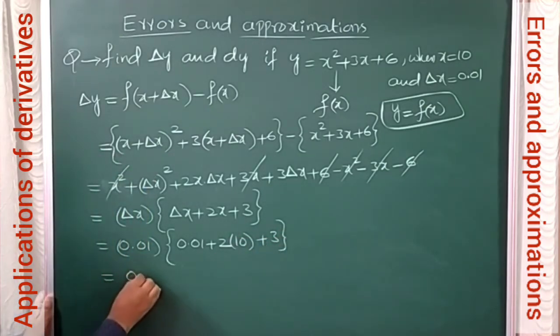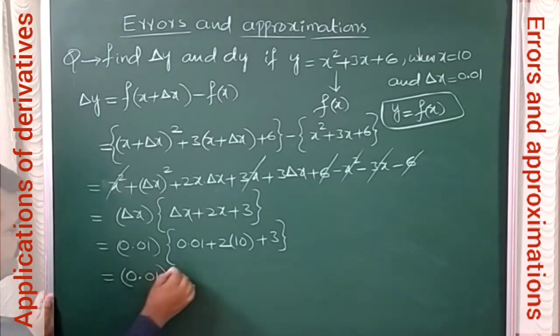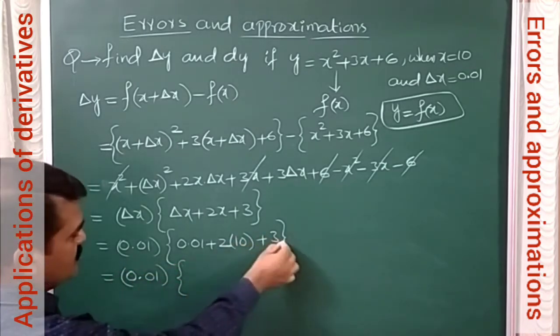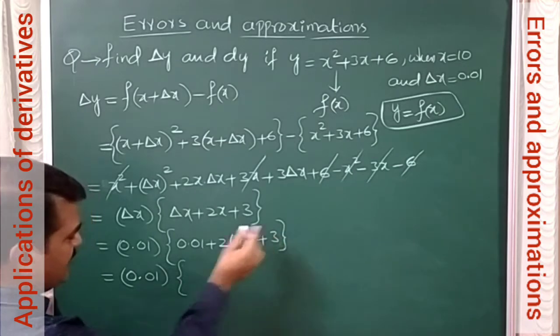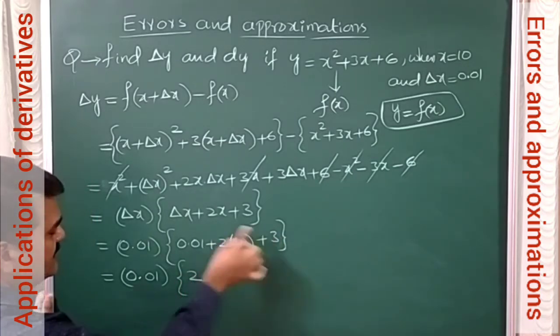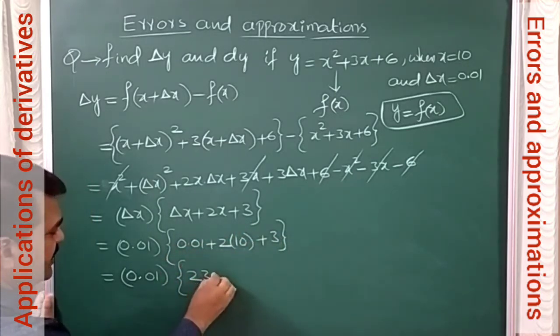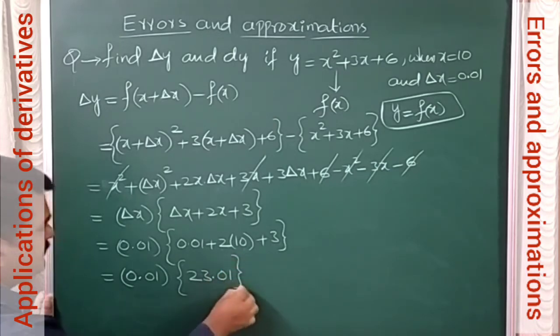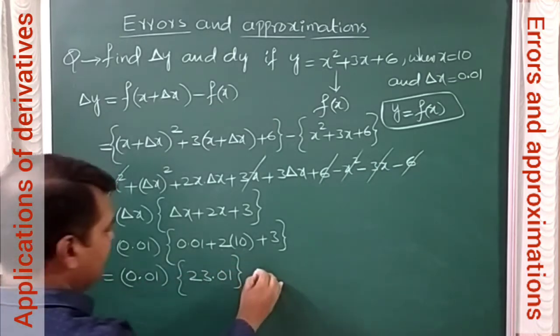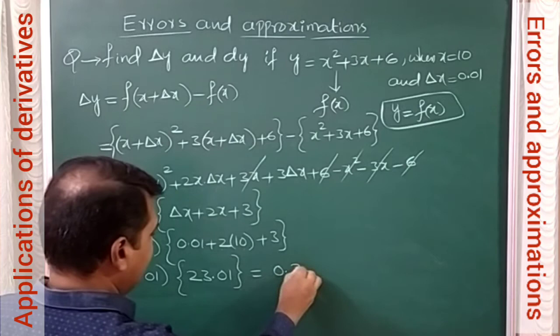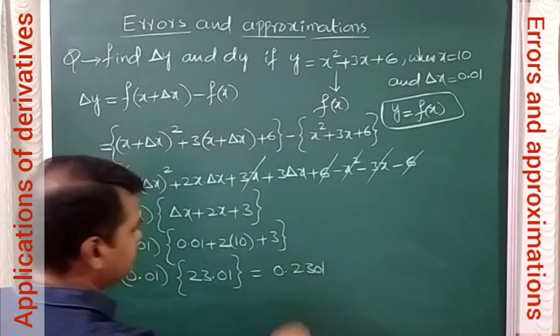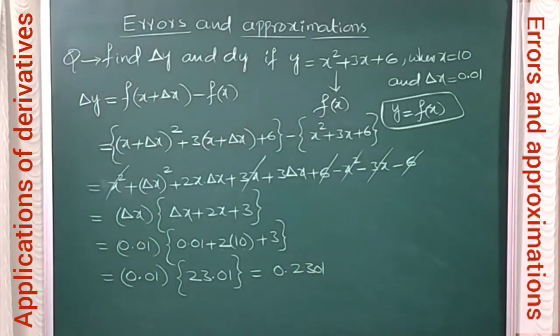So when you simplify, what is this? 23 plus 0.01, so 23.01. So when you multiply these two, you will get 0.2301. So this is the value of delta y. So delta y value we got here.